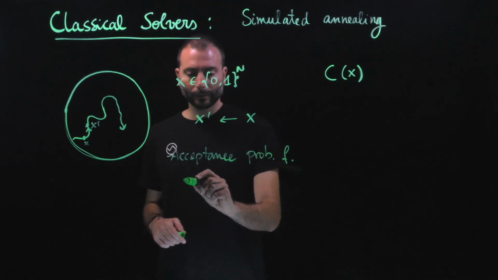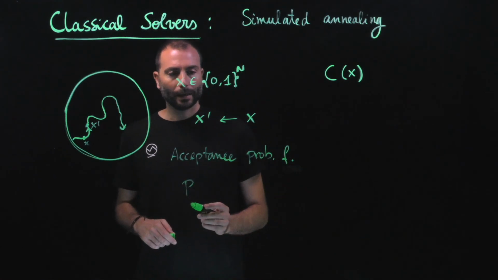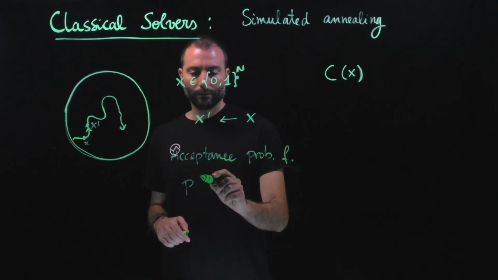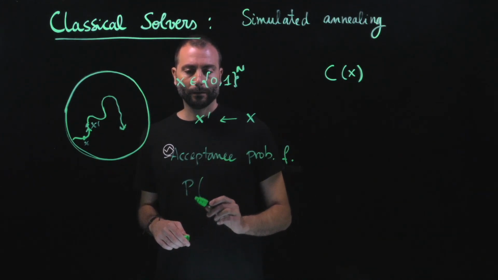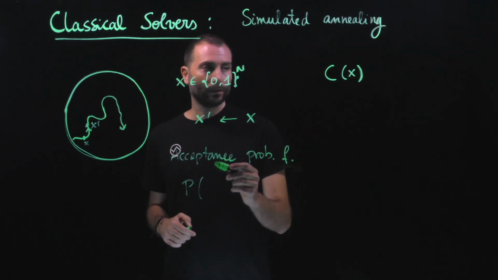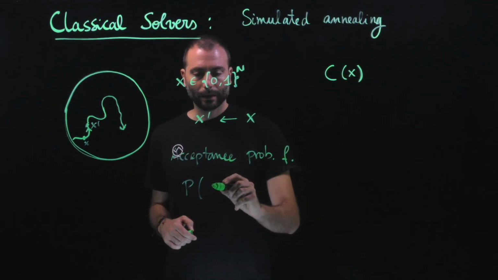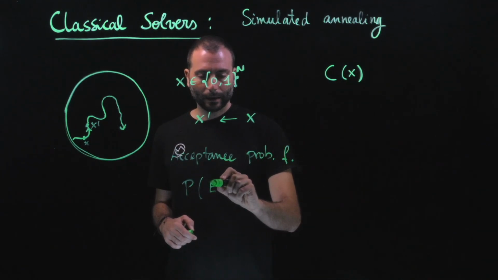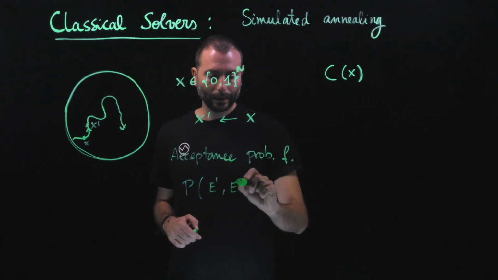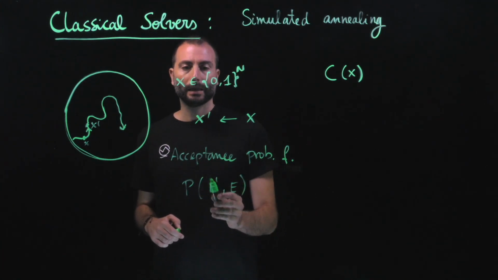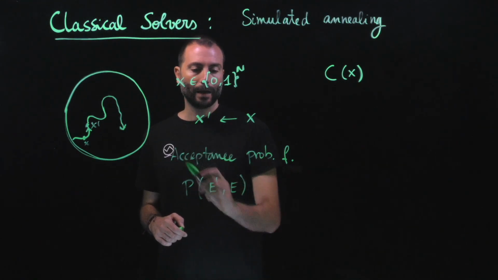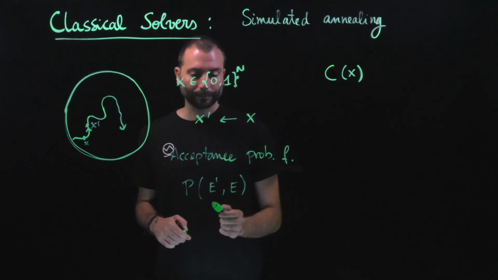That is some function in which we usually compare the energies. So basically, we compute the energy or the value of the cost function, let's say E prime and E, where E prime is the energy of the configuration x prime and E is the energy of x.